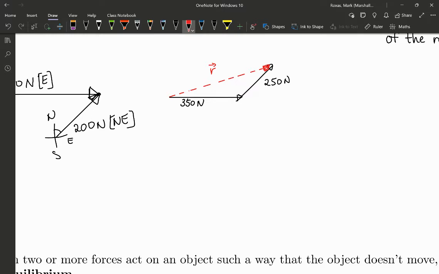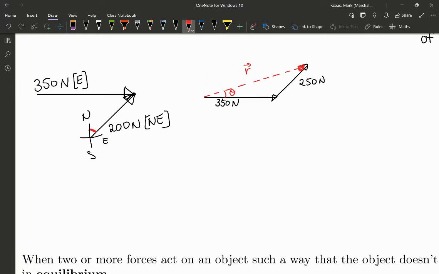We need to know what the angle of this vector is, as well as the magnitude. Let's see what we can figure out here. Let's go back to my original diagram. A northeast vector is directly at a 45-degree angle, either there or even down here. Then I have a little Z pattern going on here, so this is going to be 45 degrees there.